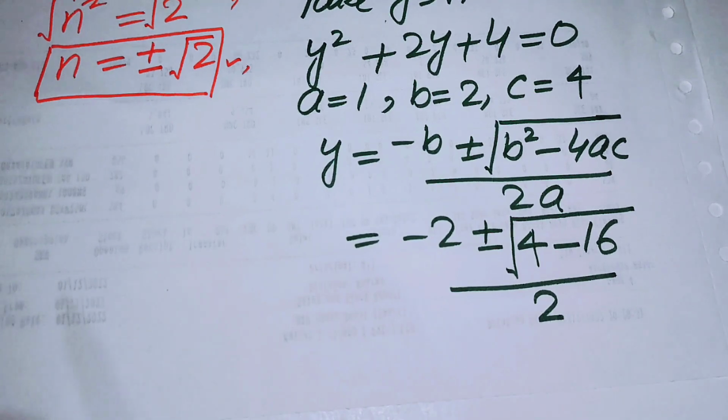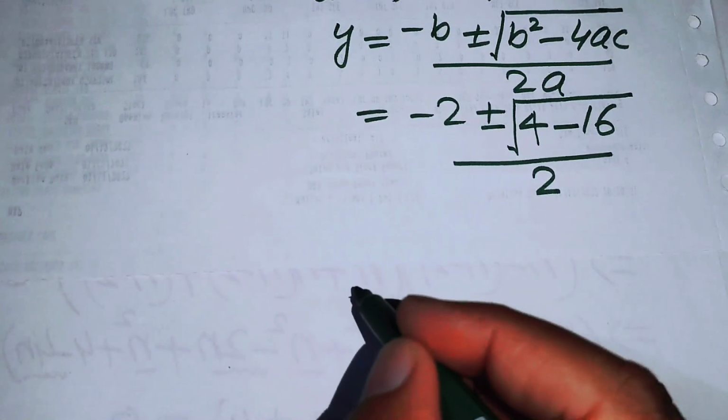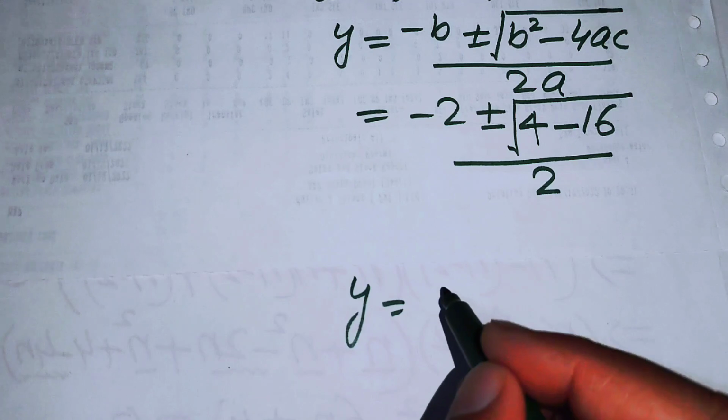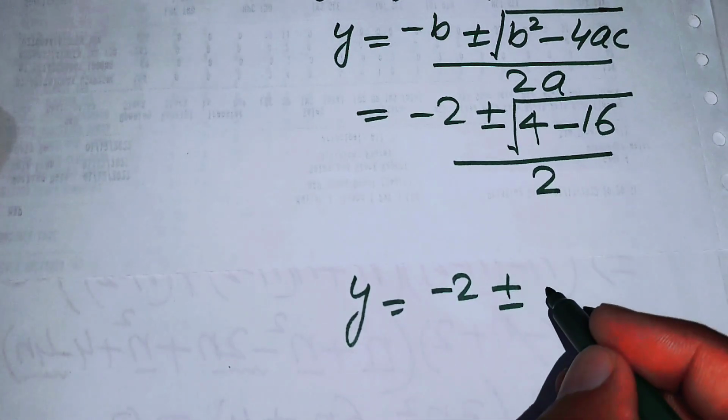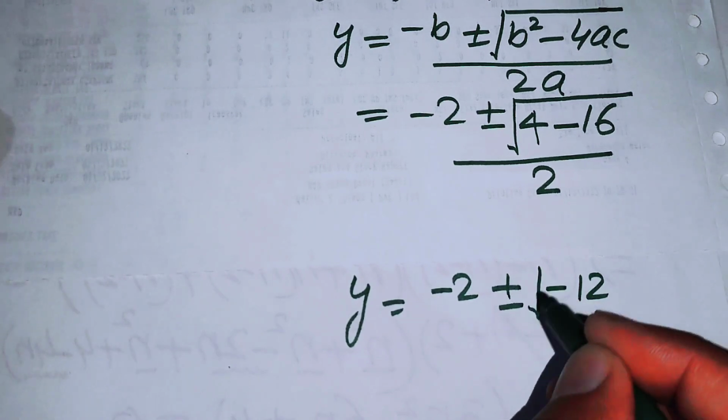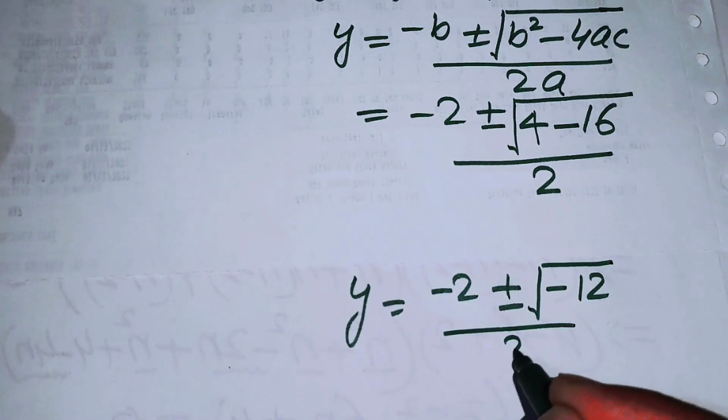So we get y is equal to minus 2 plus minus square root of 4 minus 16, which is minus 12, over 2.